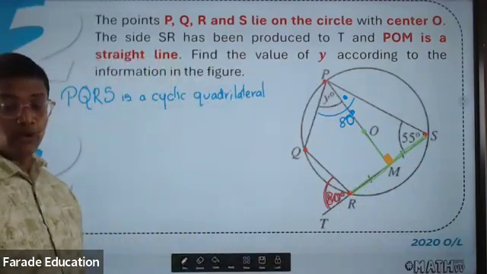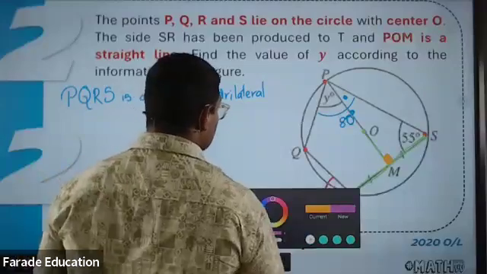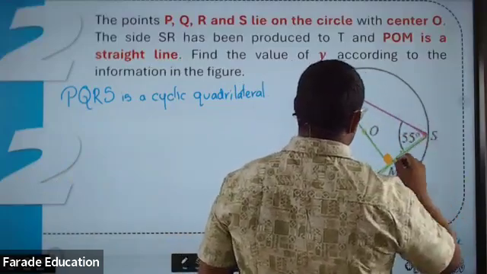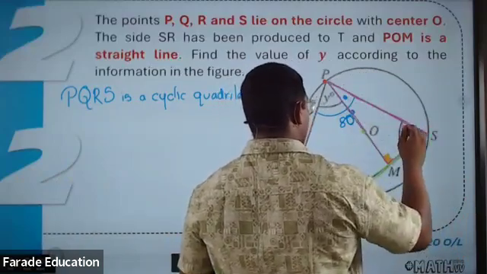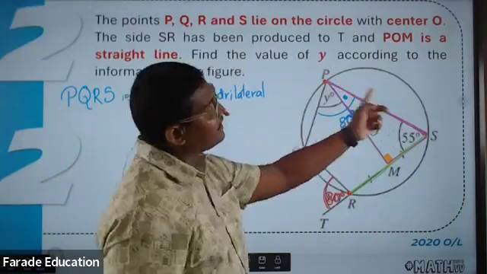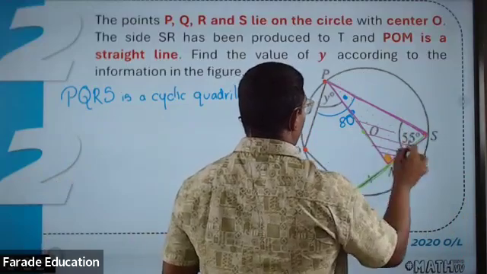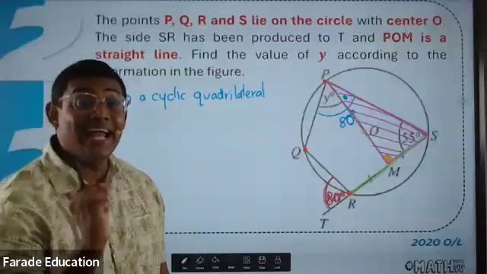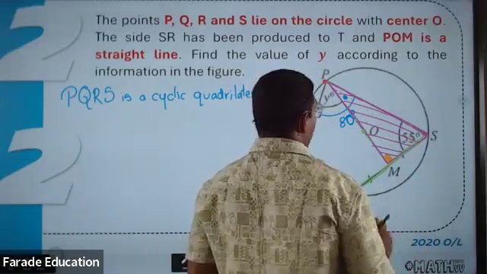If that is perpendicular, then by the triangle PSM, this is the triangle, the total internal angle of the triangle PSM is 180 degrees. 90 plus 55 is 145.